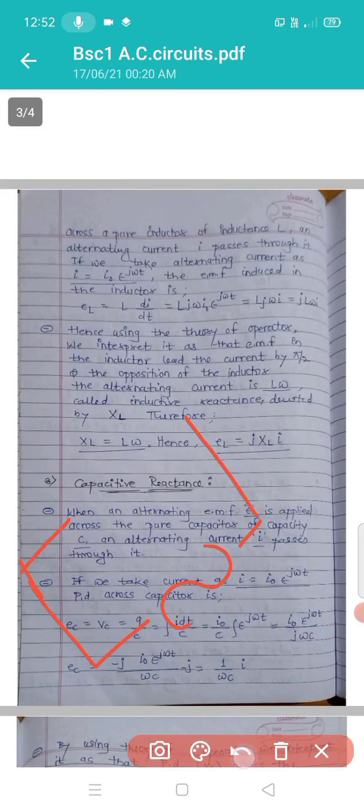Then the next is the capacitive reactance. When an alternating EMF E is applied across a pure capacitor. What is a capacitor? It stores the charges. When an alternating EMF is applied across a pure capacitor of capacity C, an alternating current I passes through it.